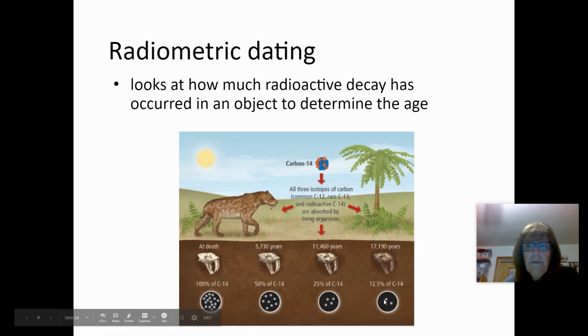If we have 3 half-lives, we multiply 5,730 times 3, and we get 17,190 years. And that helps us determine how old these fossils are based on the decay, or how much carbon, or C14, is left in that organism after it has passed away.